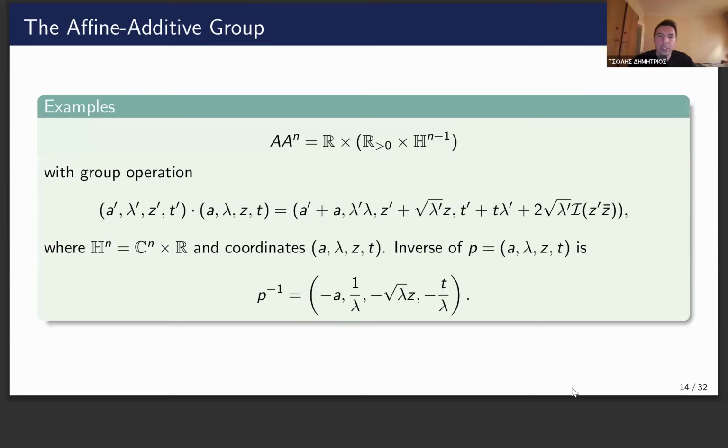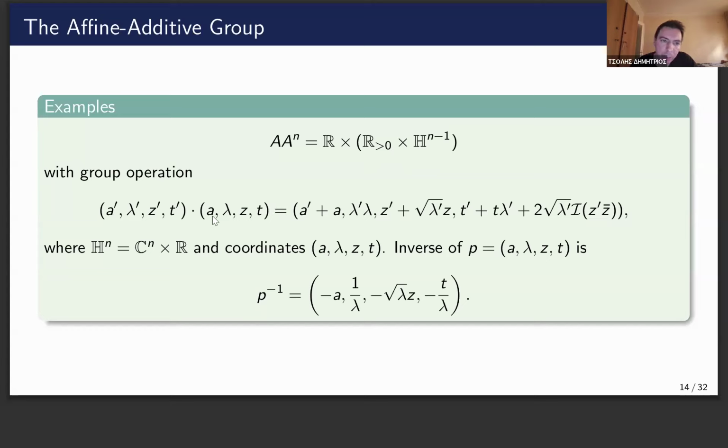Another useful example that we are studying is the affine additive group. And this is defined as follows. We have the real numbers times the positive real line times the Heisenberg group, which is the (n minus 1)th Heisenberg group. And this has a kind of weird product.